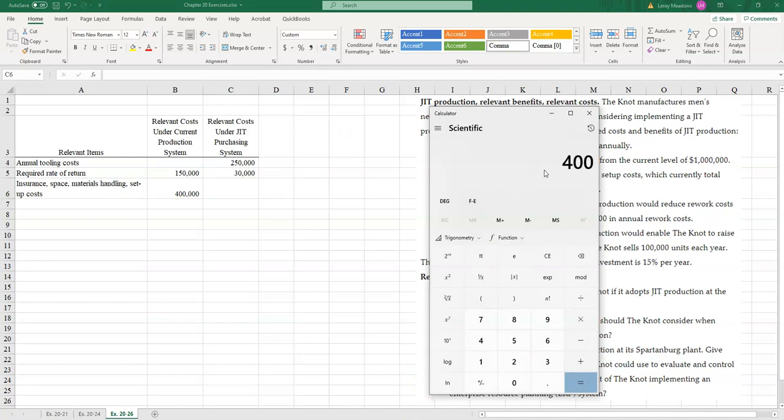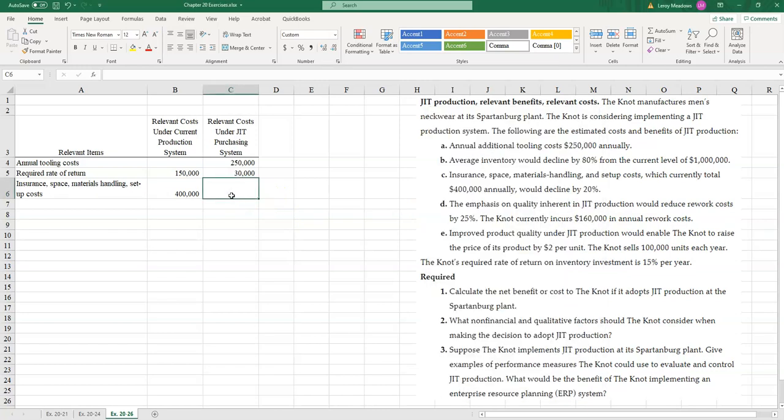So $400,000 times 0.8. So my annual insurance, space, materials handling will come down from $400,000 to $320,000.